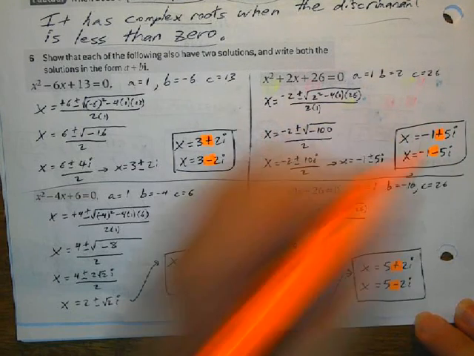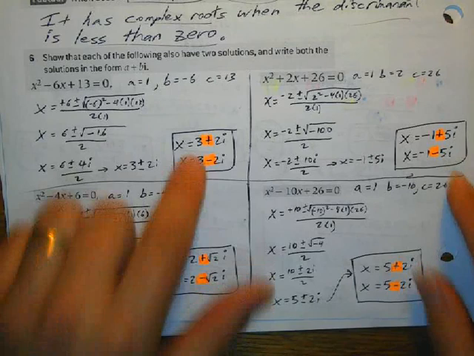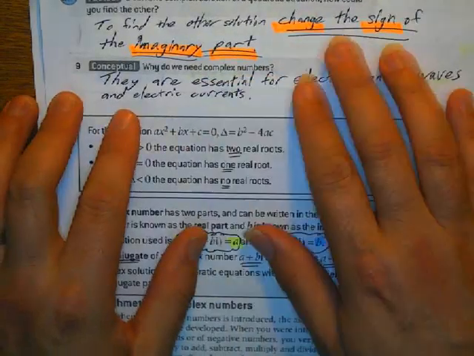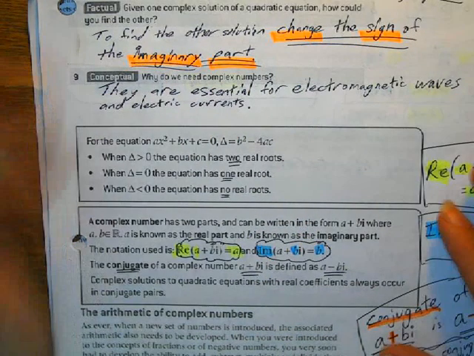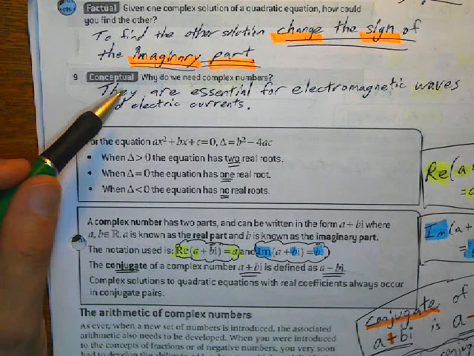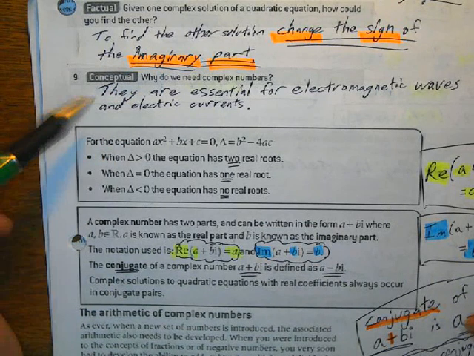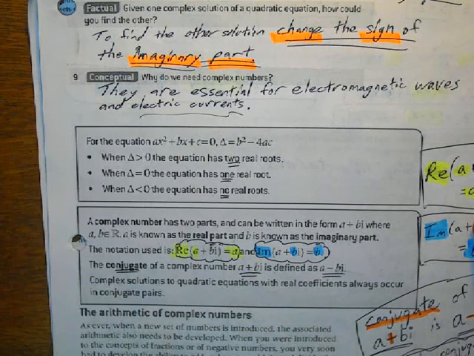The plus or minus means the only difference between the two roots is that there's a plus and a minus. So we change the sign of the imaginary part to get the two roots. Okay. And why do we need complex numbers? They're going to be essential for electromagnetic waves and circuit calculations, which we'll talk about later.